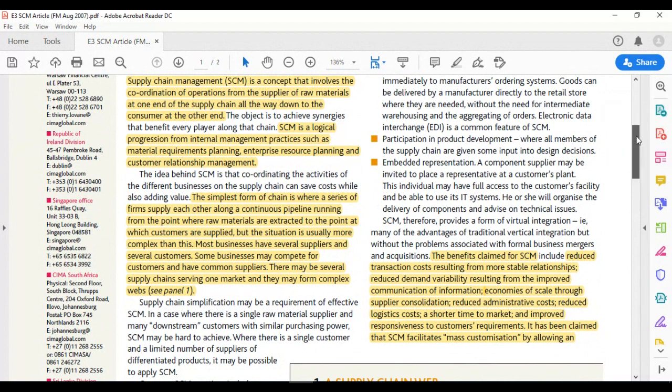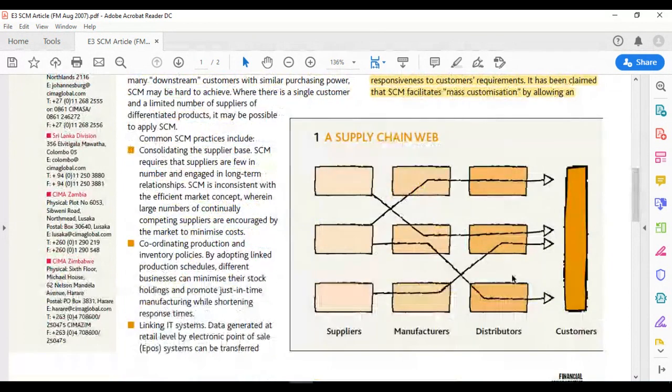If you look at a typical supply chain management system, and this is also still a simple web, you have suppliers that supply to a range of manufacturers and distributors, meeting the needs of different customers in the end. We normally think of supply chain management as a plain, straightforward process, but in actual fact, it is the integration of a lot of different companies supplying one another.